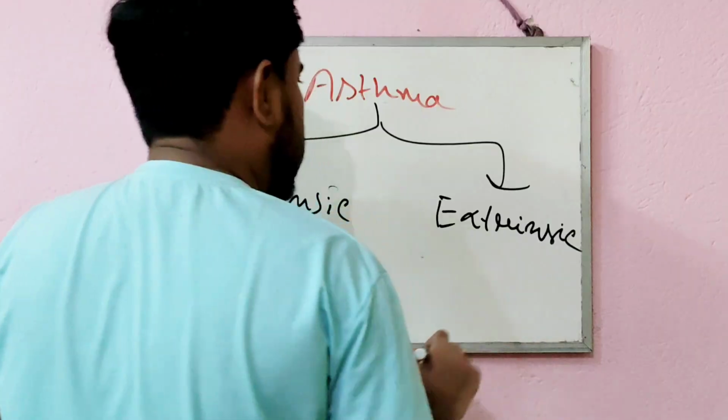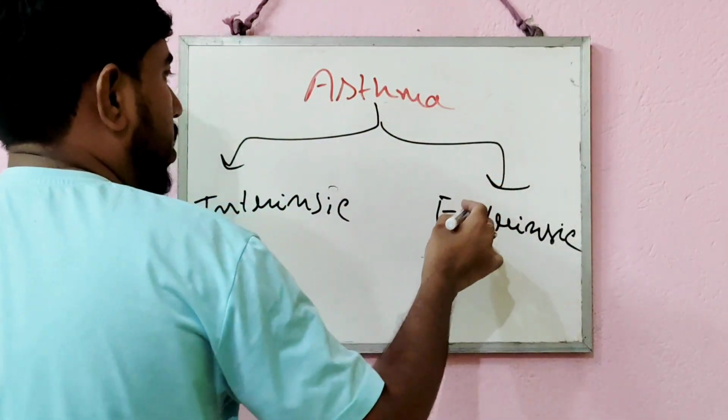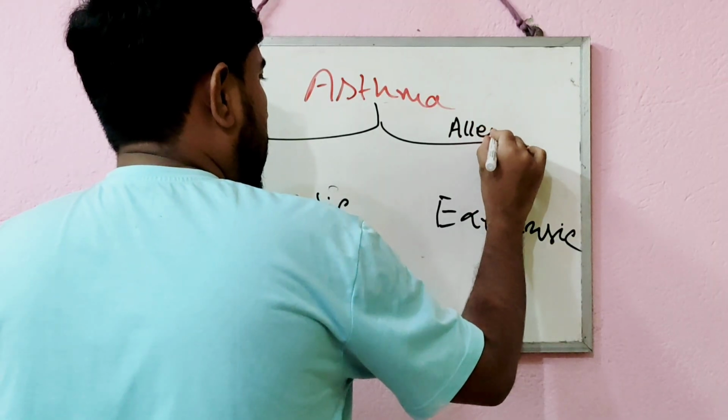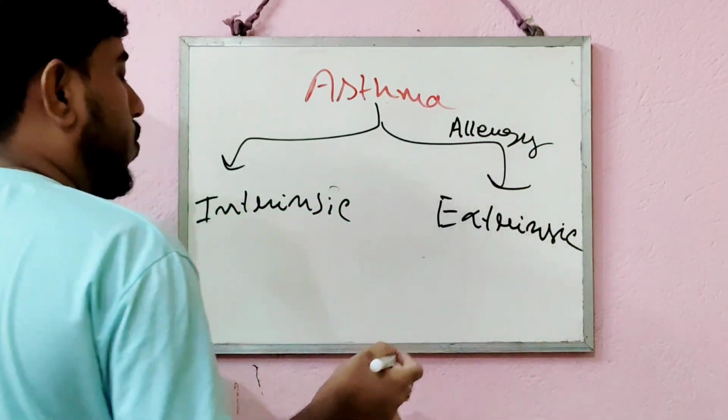In extrinsic asthma, the asthma generally takes place due to an allergic reaction. How does that allergic reaction work?